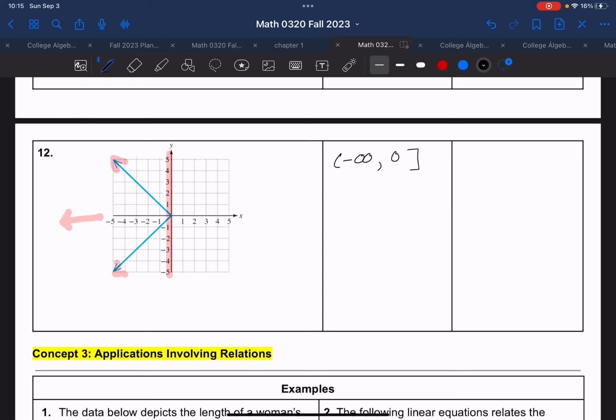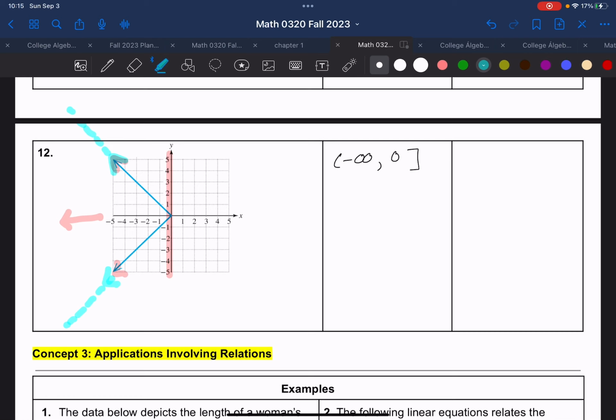So that's the domain. Now looking at the range, we're looking how far low does it go and how far high does it go. Notice we can't stop the height of this graph going in either direction because this arrow tells us it's going to keep going down in the negatives, and this arrow tells us it's going to keep going up in the positives.